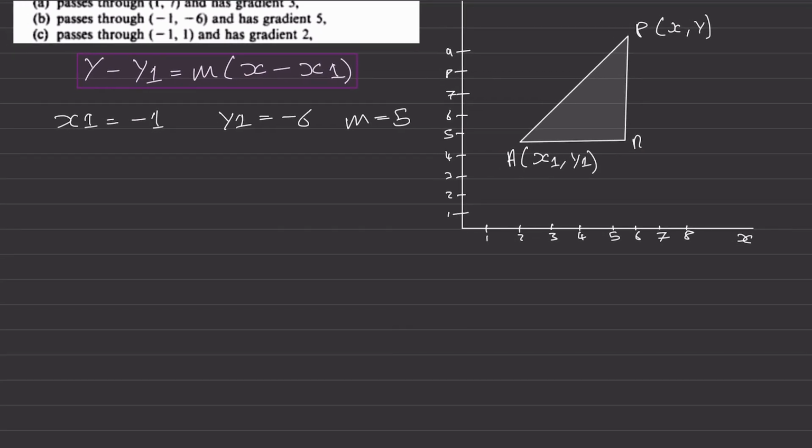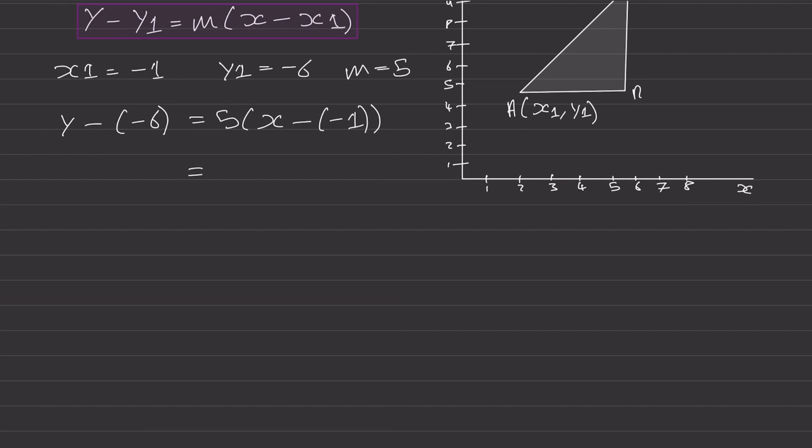If we plug in our values, we get y minus -6 is equal to m, which is 5, multiplied by x minus x1, so that's minus -1. If we expand our brackets, since negative and negative is equal to positive, we get y plus 6. Then we expand this, so we get 5x, and again we've got negative and negative, which means it's positive, so plus 5.